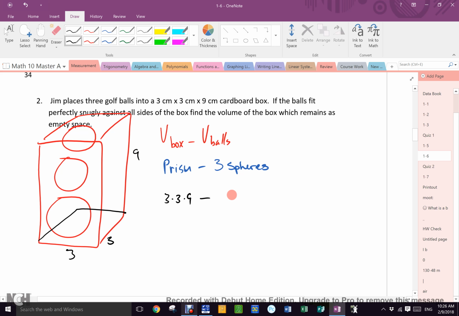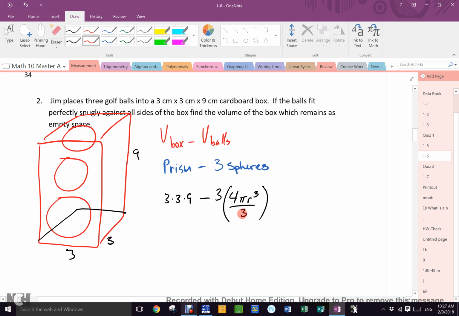What's the formula for the volume of it? Right? How many golf balls are there? So what math do I have to do to that formula? Multiply it by 3. Before I even go to my calculator, what do I get to do with 3 and 3?